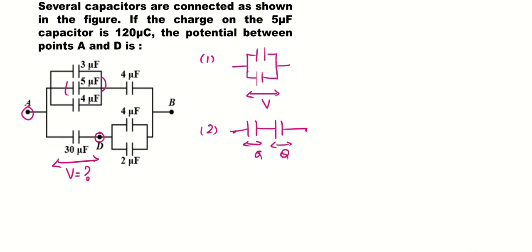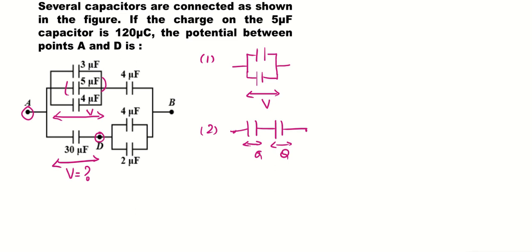So let's use this and then find out the voltage across 30 microfarad. Now, first of all, what is the potential across this? Since all these three capacitors are connected in parallel, the potential across them is the same.